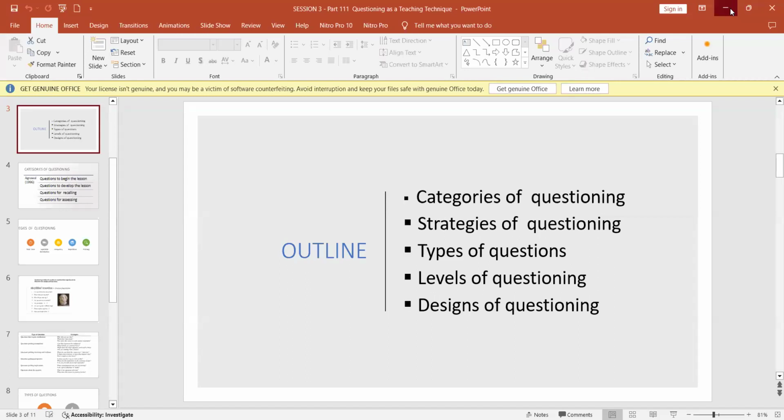It is the most hackneyed technique. If teachers use questioning the same way every day, it will lose its value. So you need to use a variety of ways of using questioning in the classroom. It's not only the teacher asking questions.